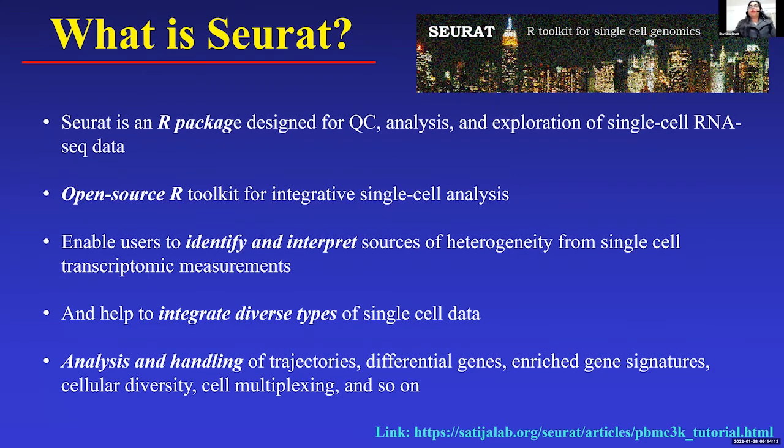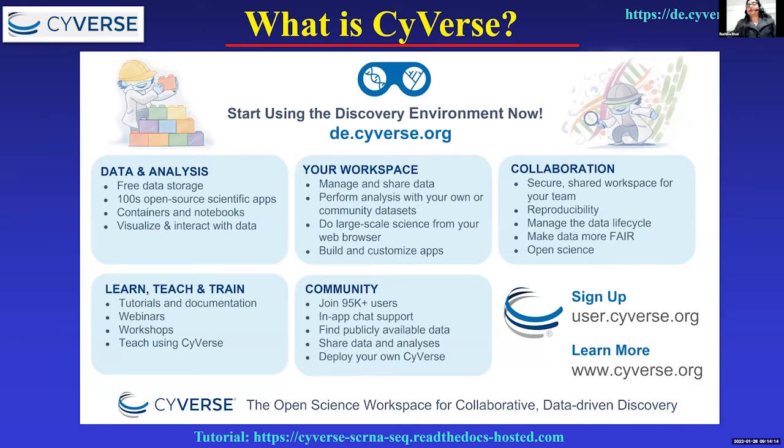So why do we need CyVerse? That is very important, because all the single cell data which you will be downloading might take gigabytes of space. For example, if I'm dealing with 70 patients with PBMCs, it is close to 500 gigabytes of data for me.